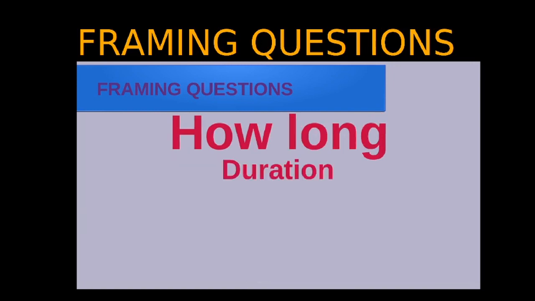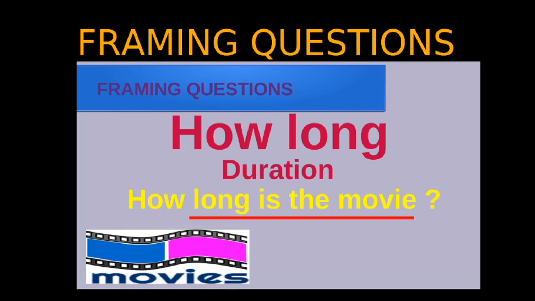How long is used to tell about the duration. How long is the movie? So how long is the movie tells you the duration. You can say the movie is of 2 hours. The film is for 3 hours. So it tells you the duration. When you want to know about the duration, you have to use how long.